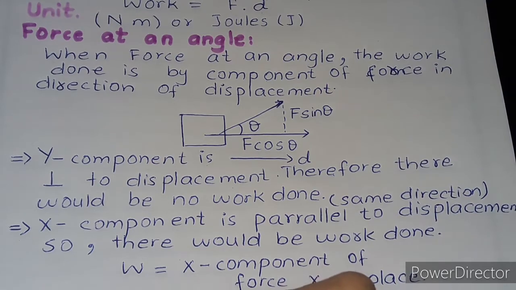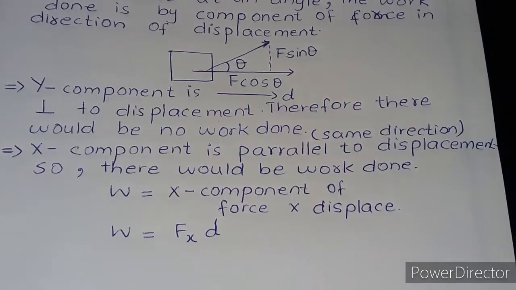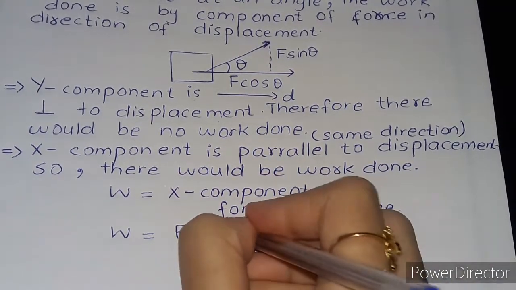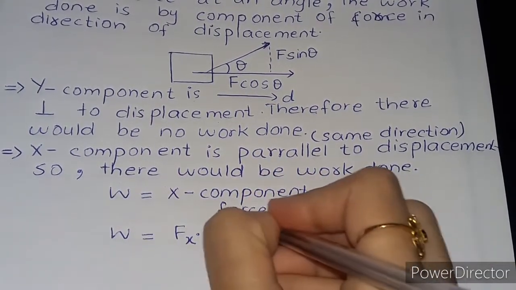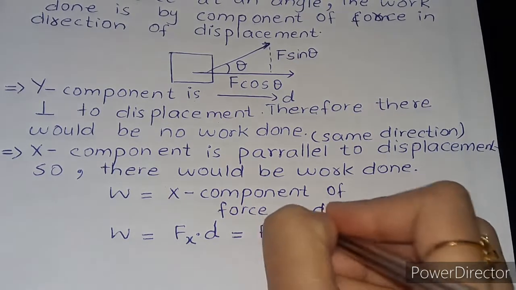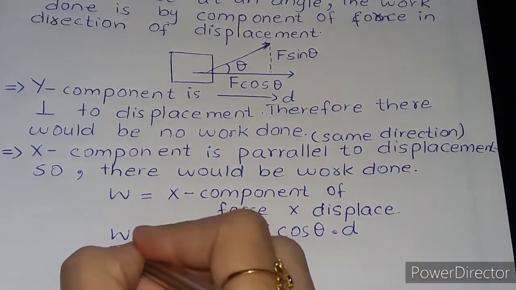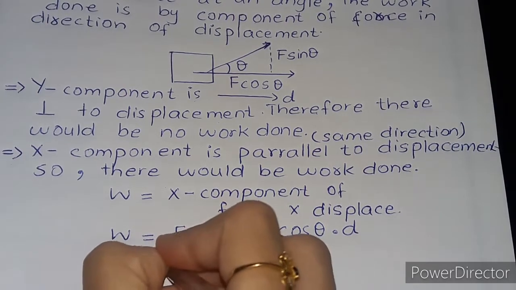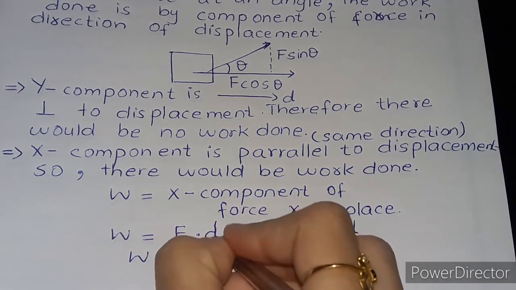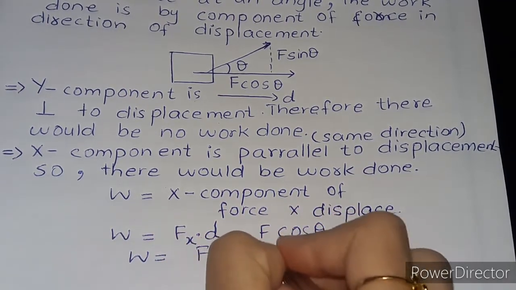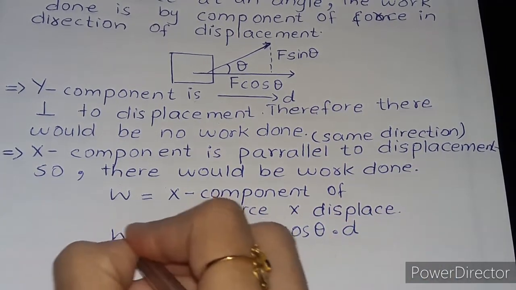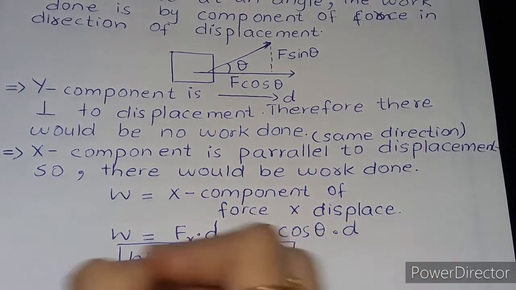Here it would be Fx dot d, and Fx is F cos theta, so W is equal to Fd cos theta. This is the formula, we derived it.